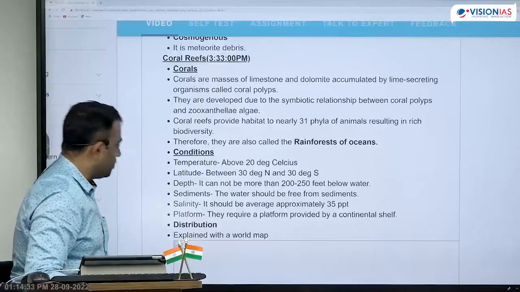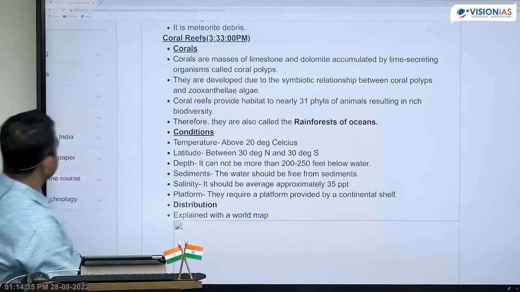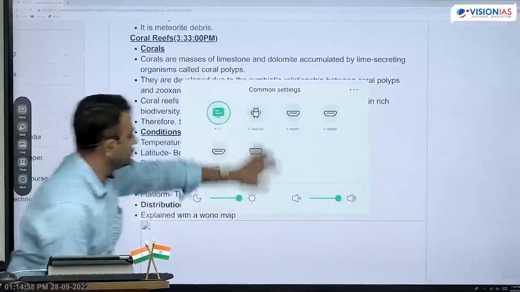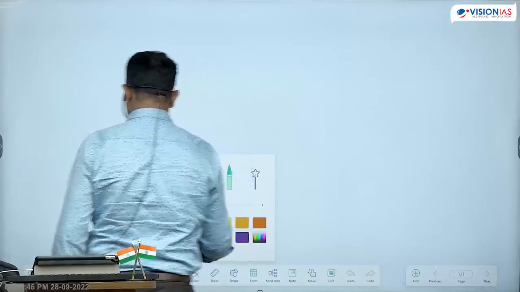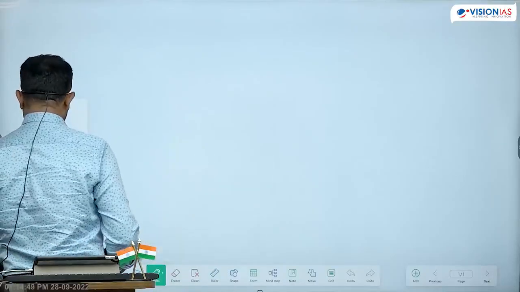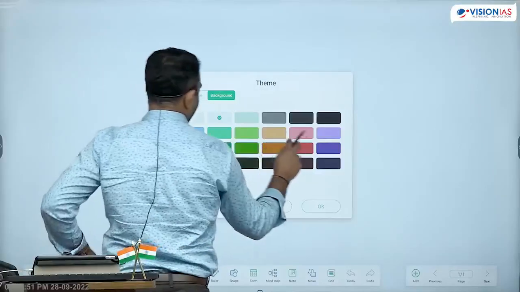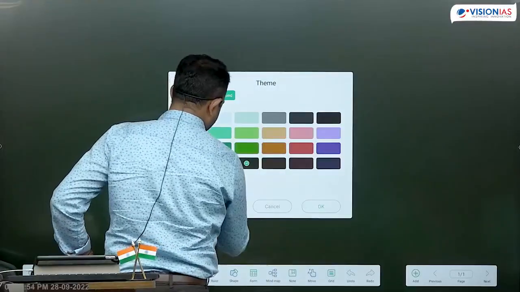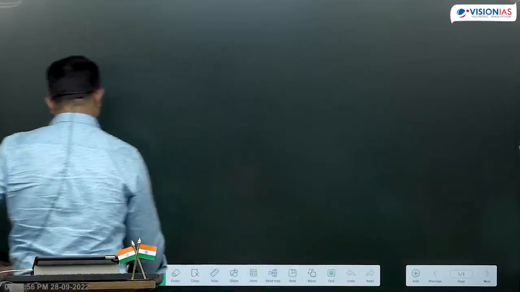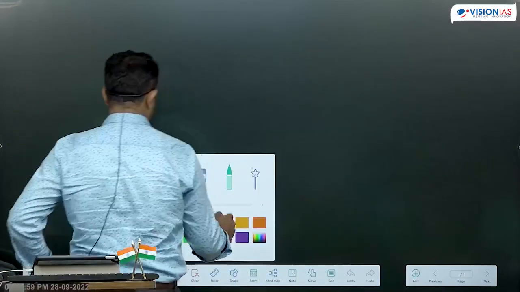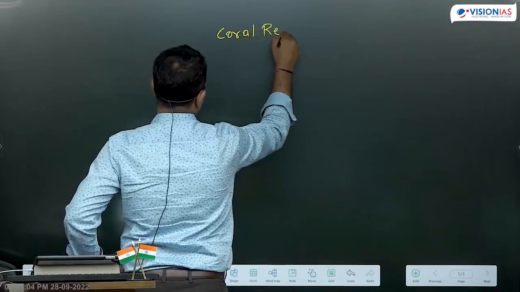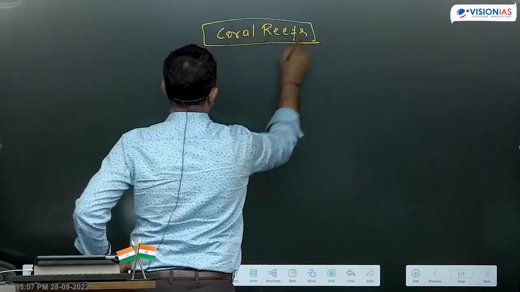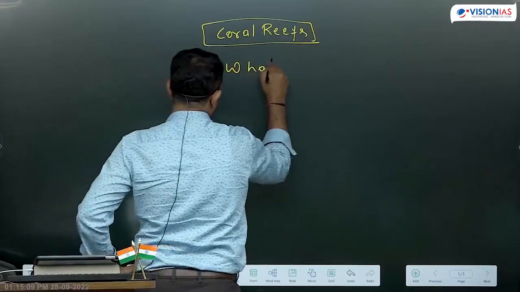So first we discussed what are corals or coral reefs.